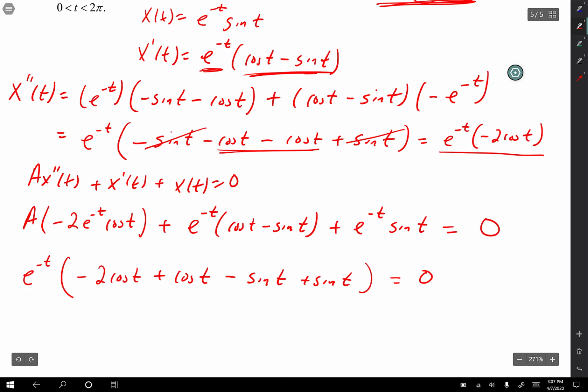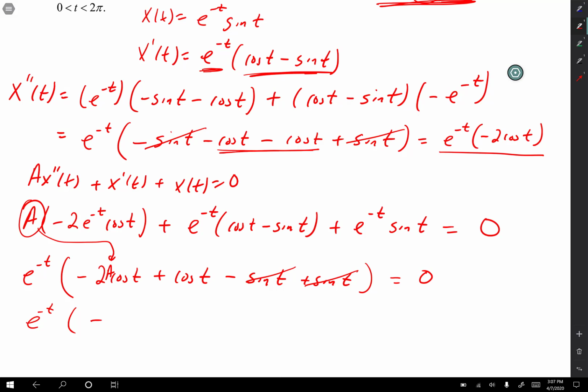Okay, I still don't see any mistakes. So here's what I see. These cancel out, and there's an a. How come you guys didn't tell me? That a goes right there.